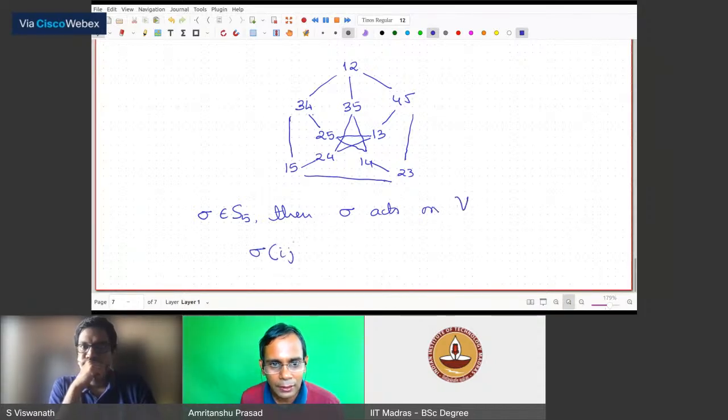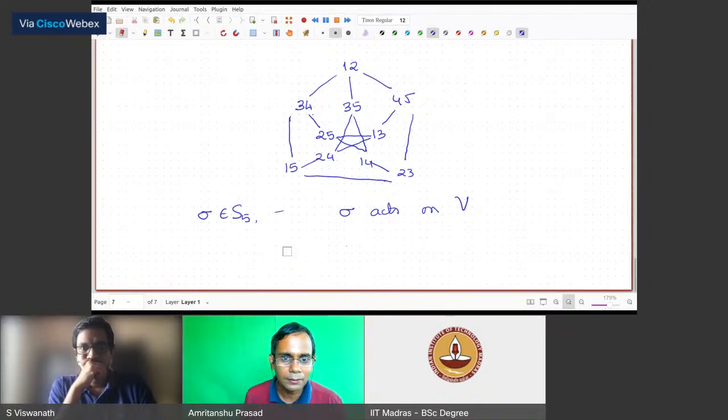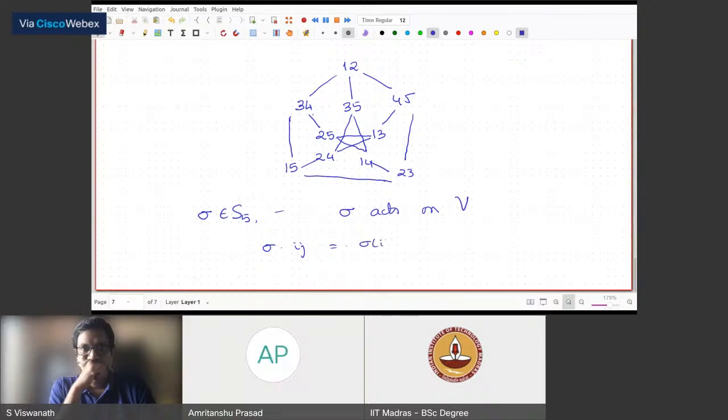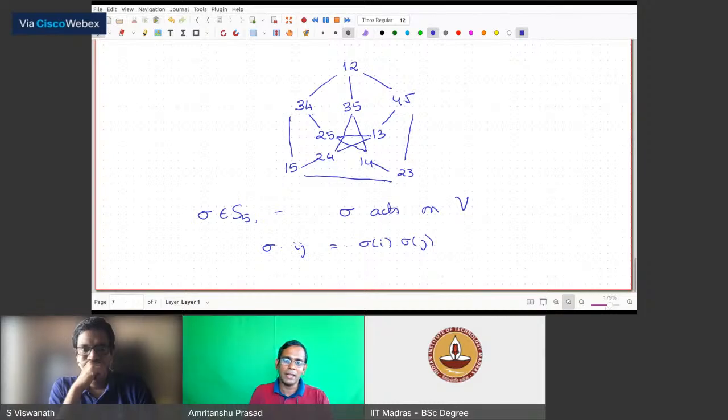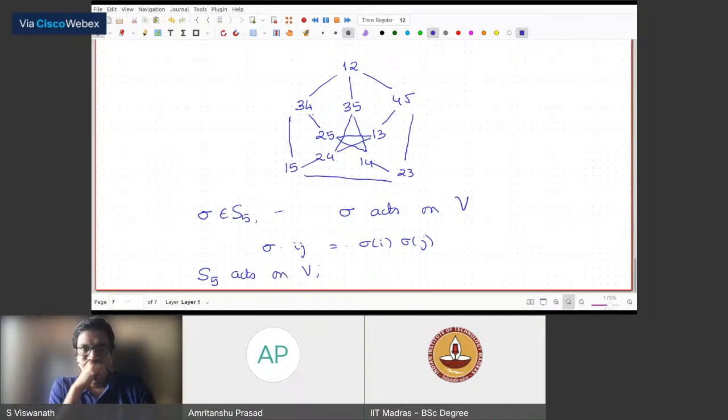Sigma dot {i, j} is equal to {sigma i, sigma j}. You just act on the points. And if {i, j} and {k, l} are disjoint, then {sigma i, sigma j} and {sigma k, sigma l} are also disjoint. This gives rise to an action of S5 on V and preserves the edge relations.